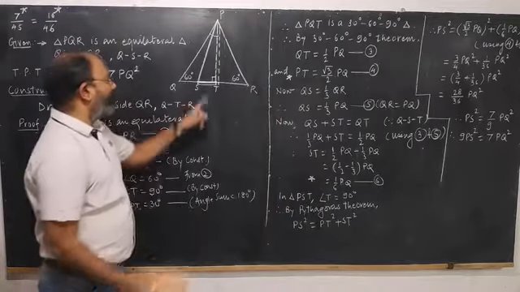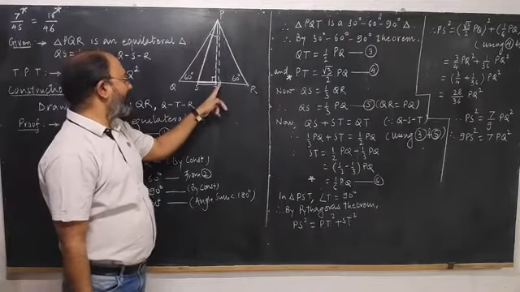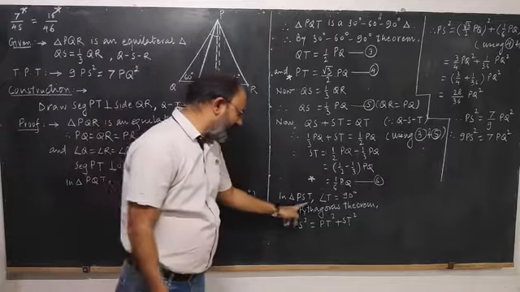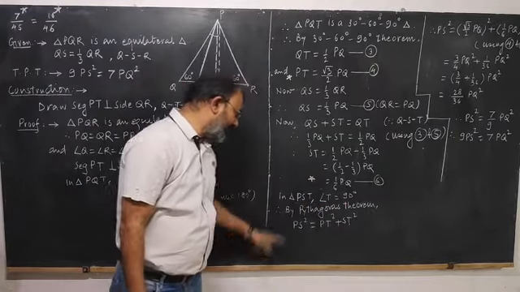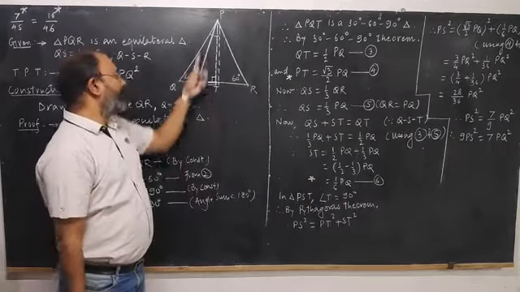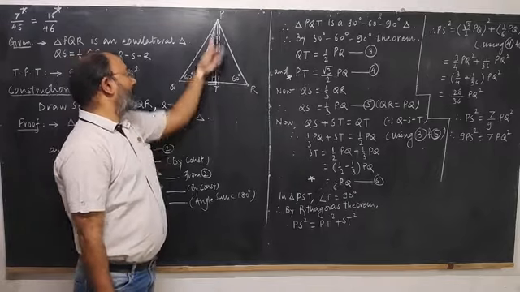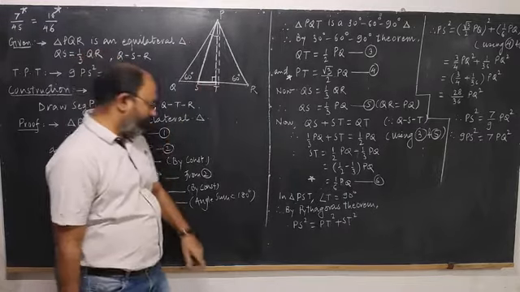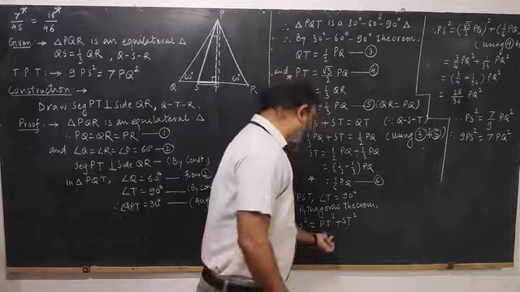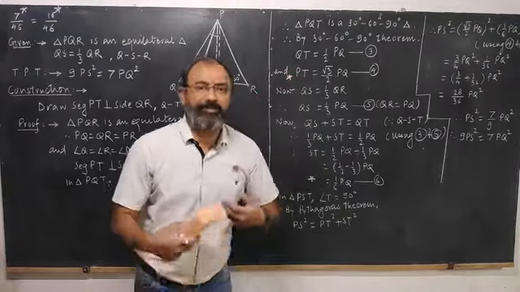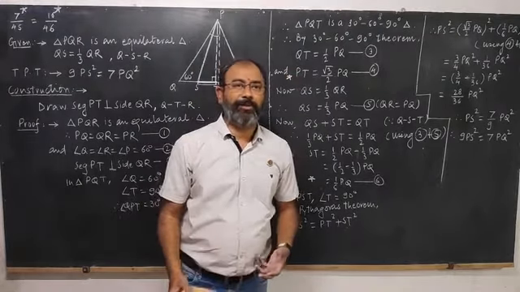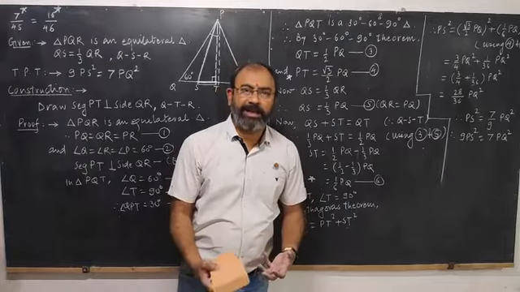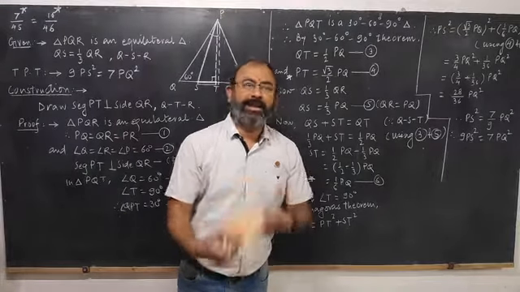And now, if I apply Pythagoras theorem in triangle PST, where angle T is 90 degrees, you get PS square is equal to PT square plus ST square. Now, both these segments have been expressed in terms of PQ. So, let us replace PT and ST by their equivalents.